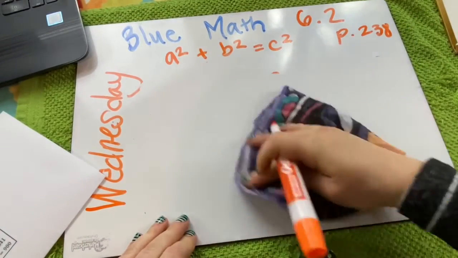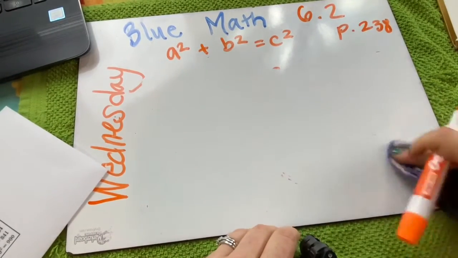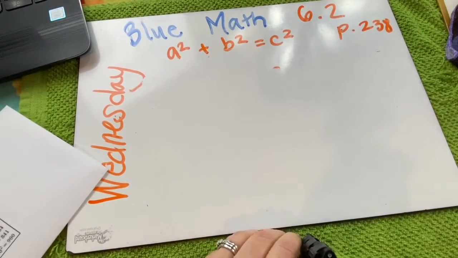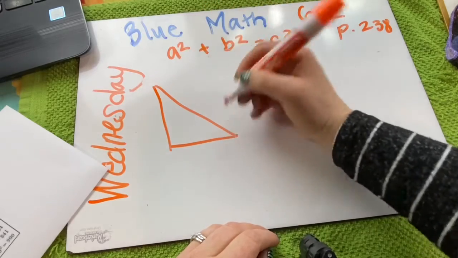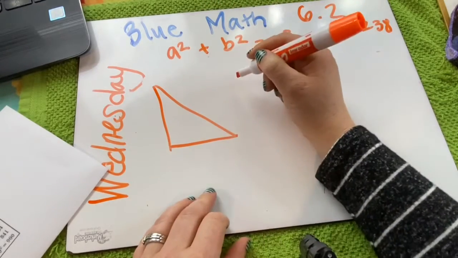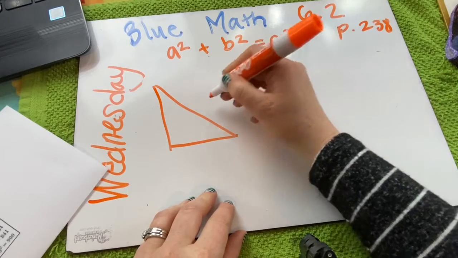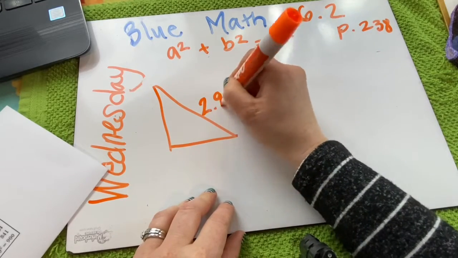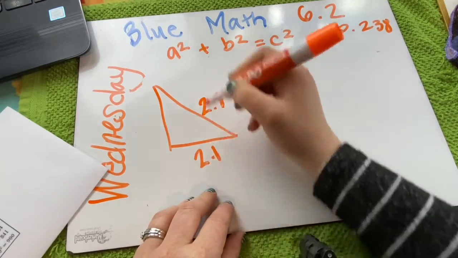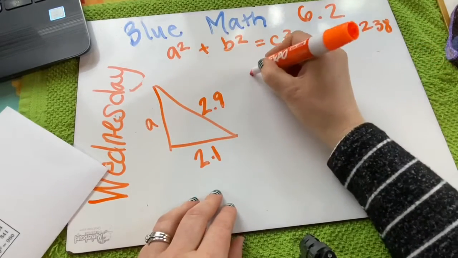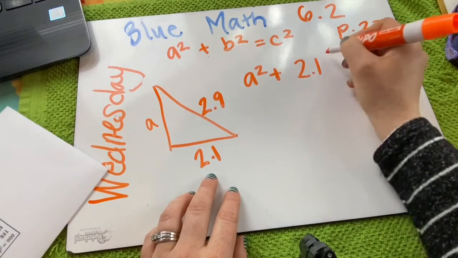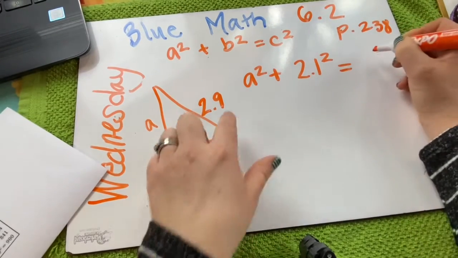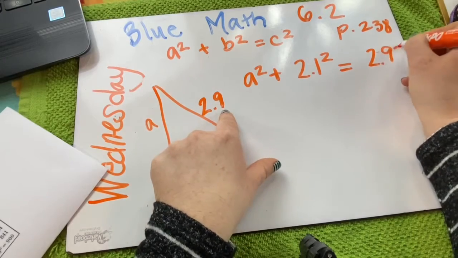Okay, now, they're going to make it a little bit harder. So they're going to give you triangles like this, and they are going to give you C. So this is 2.9, and this is 2.1, and this is A. So now I have A squared plus 2.1 squared equals 2.9 squared.